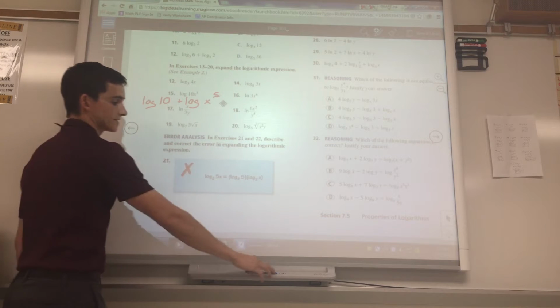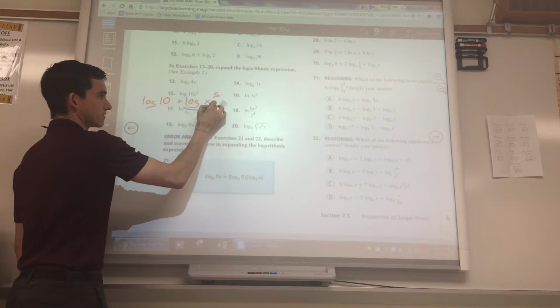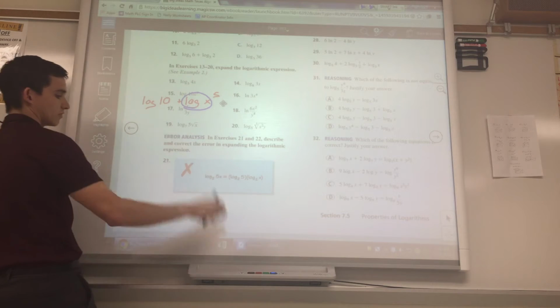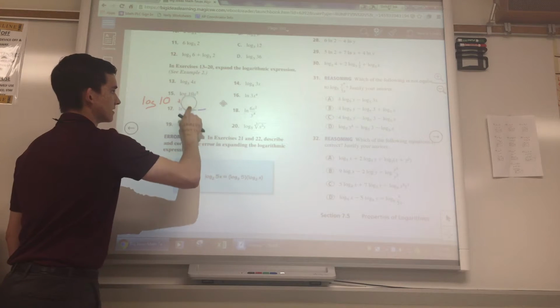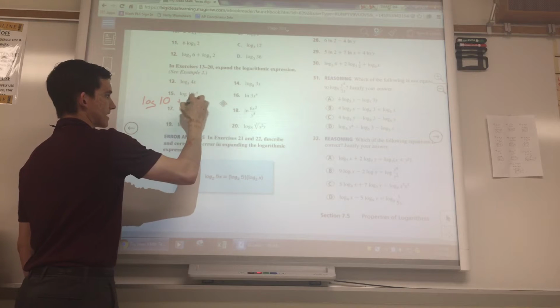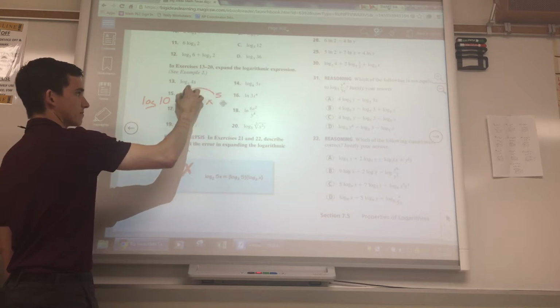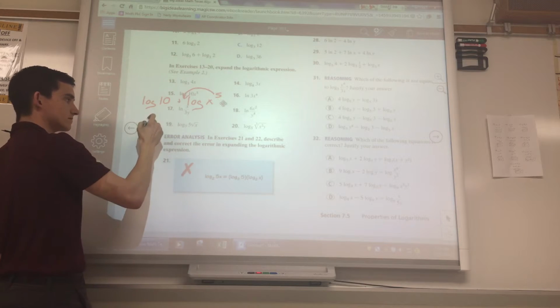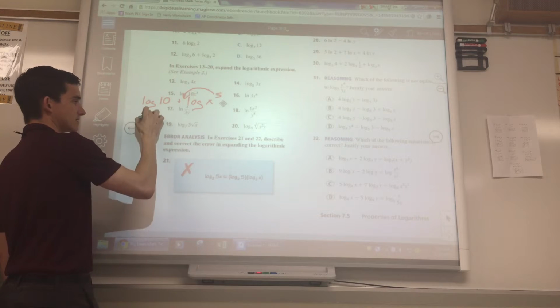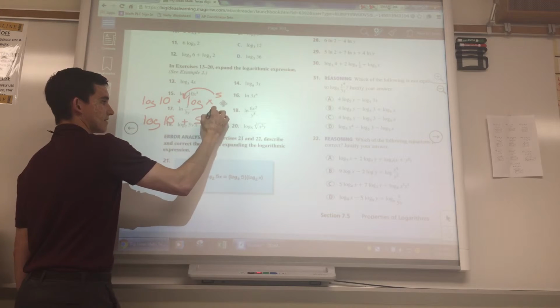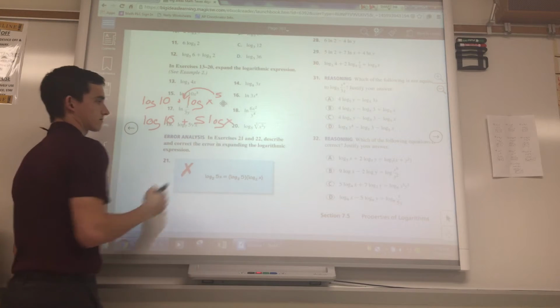Next thing you want to realize is that this is an exponent to an exponent. So it's a power to a power, which means instead of writing it like log of x to the fifth, I can take this 5 and put it right out in front. So what I have now is log of 10 plus 5 log of x.